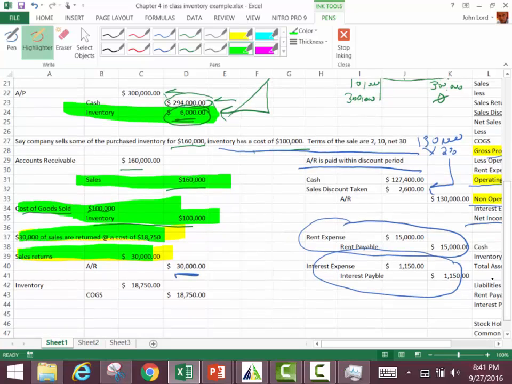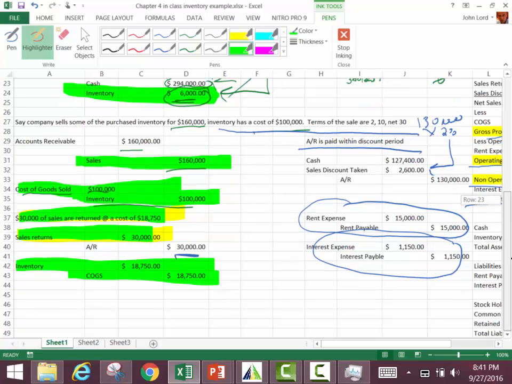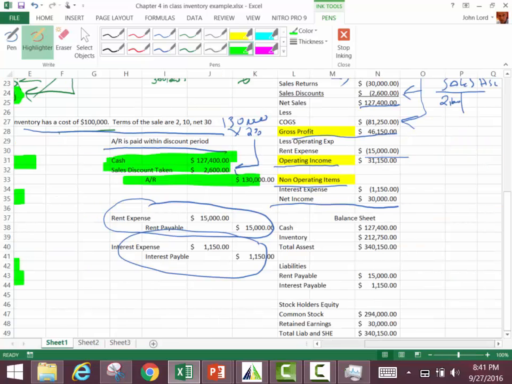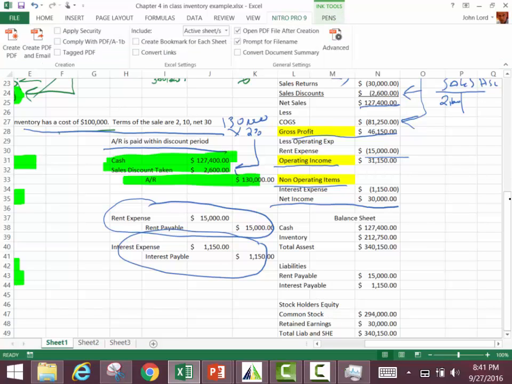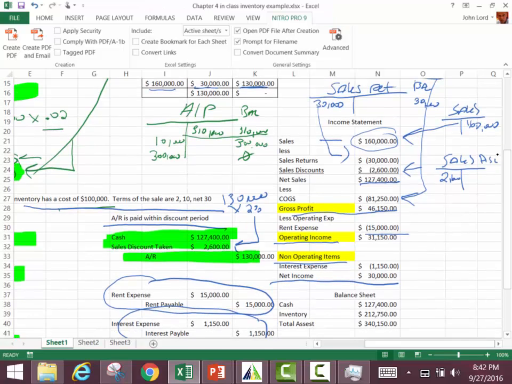We also need to bring back the inventory. And then when we collect on our receivable, where's my collection on my receivable? Right here. If we take the discount, we put that into an account called what? Sales discounts taken. And so when we end up here, we end up with what? We end up with our sales. Our sales being what?